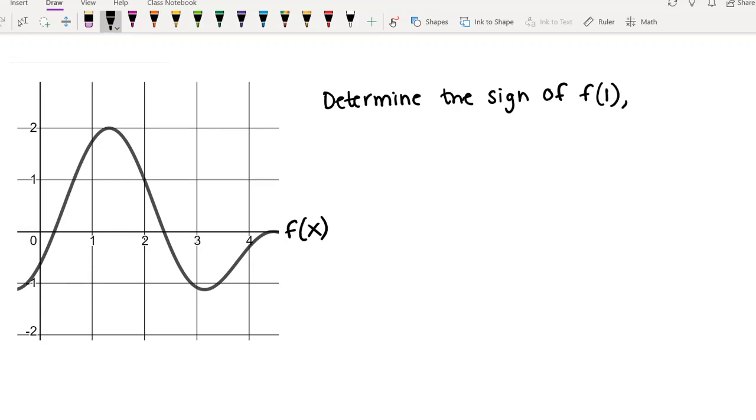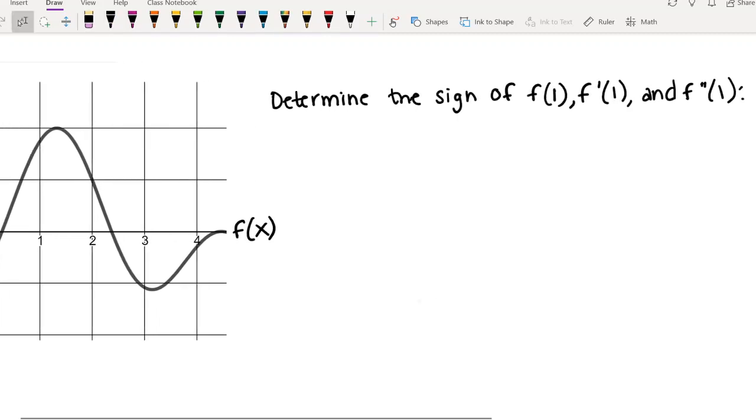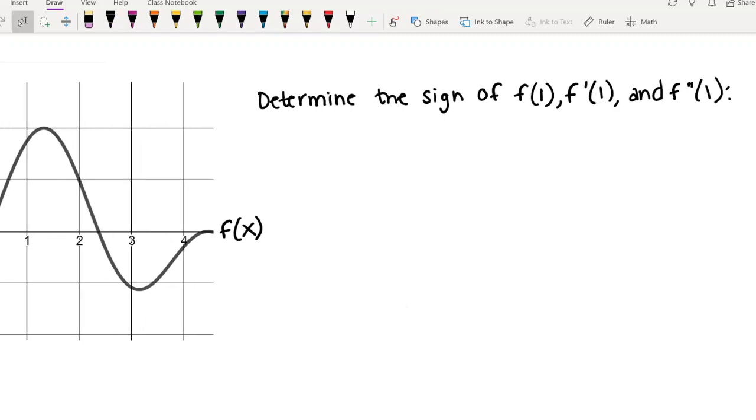So f of 1, f prime of 1, and f double prime of 1. So I basically want to figure out at x is equal to 1, is the function itself positive or negative, is the first derivative positive or negative, and is the second derivative positive or negative.